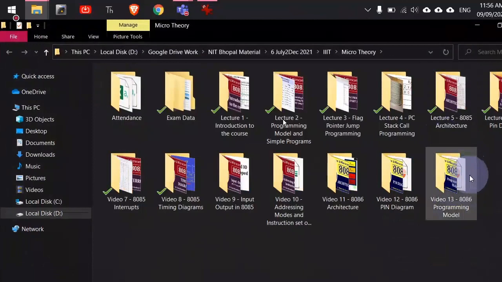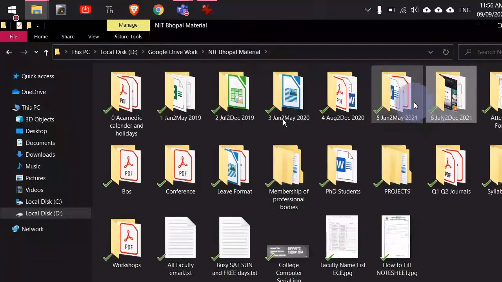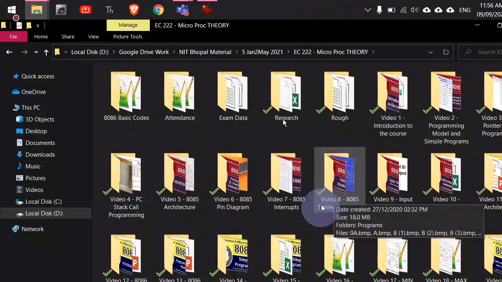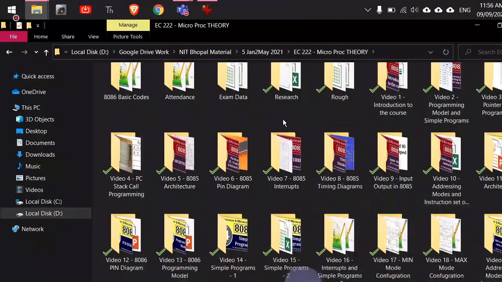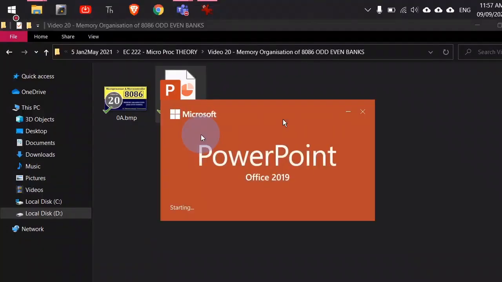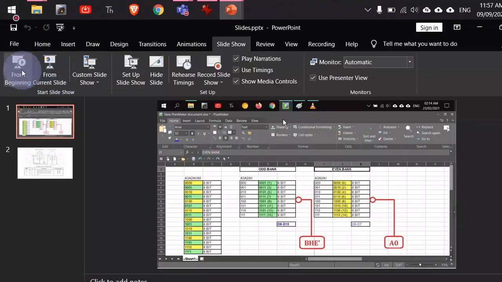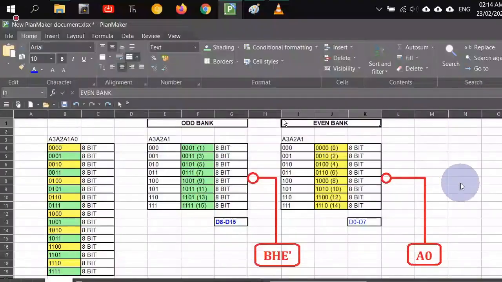So this is your memory organization in even and odd banks. This is a pilot example just to give you a quick review of how memory banks are organized as even and odd addresses.